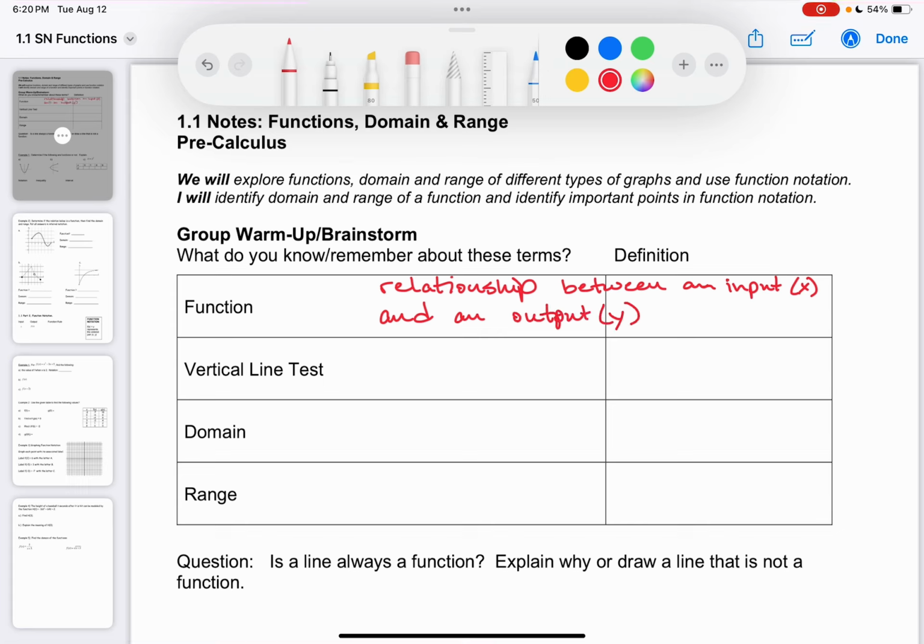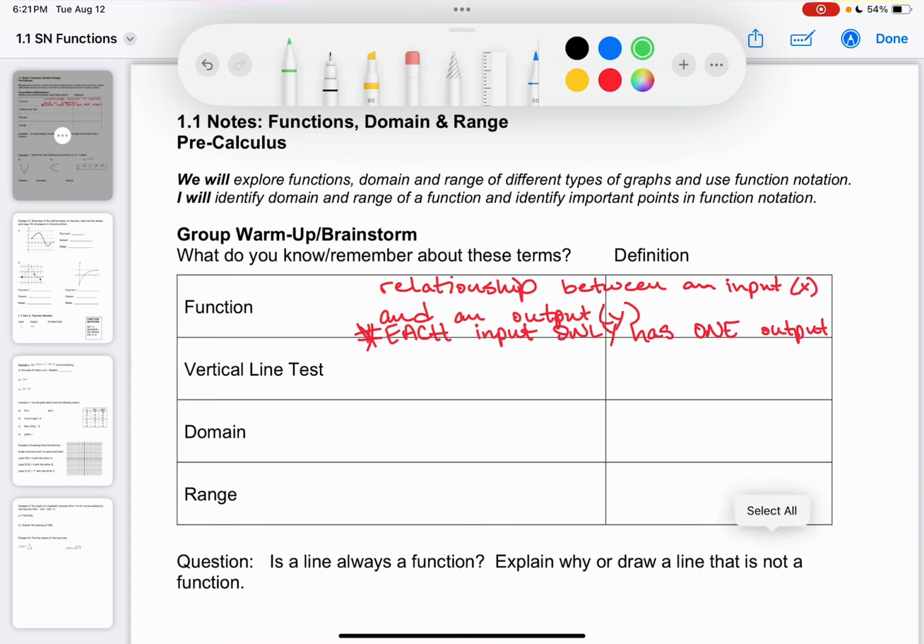That's what you get out. You put an x in, you get a y out. A key for this is that each input only has one output. So for every x, there's only one y. Every x, there's only one y.